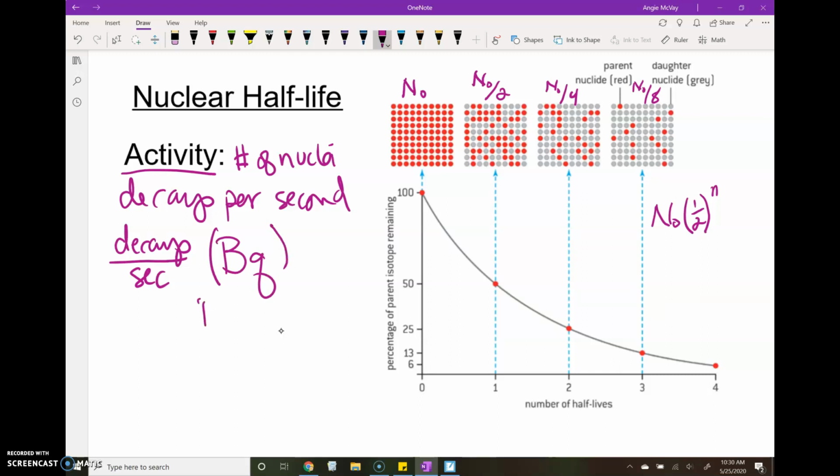This is called the Becquerel. So we can say activity is the number of decays per second. Activity is abbreviated with a capital A in units of Becquerel, or decays per second.